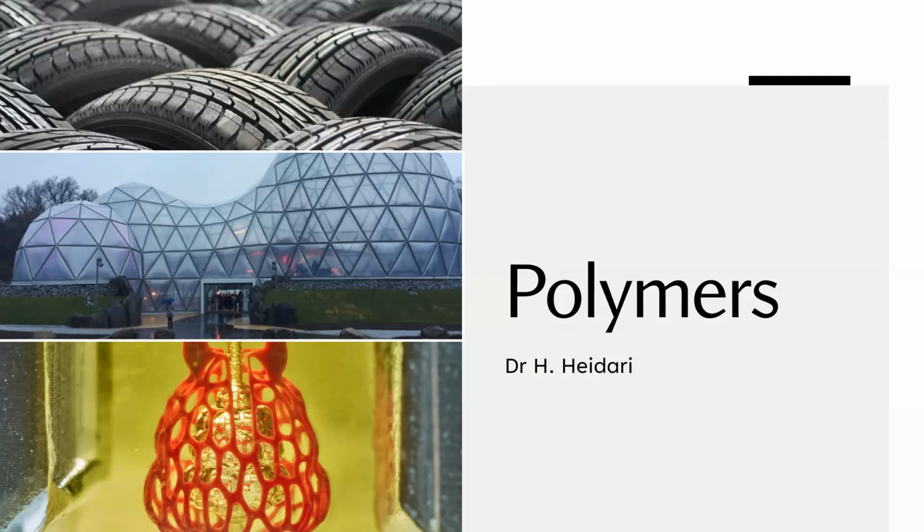We already talked about some basic chemical structural features of polymers. We talked about the units, the monomers, that are used to build up these long chain molecules called polymers. We also talked about some of the properties of these polymers.